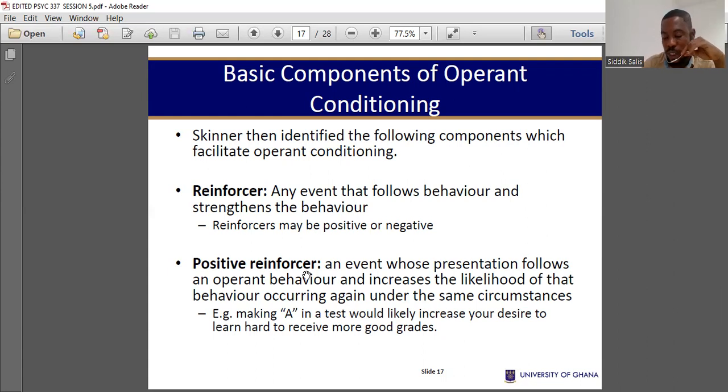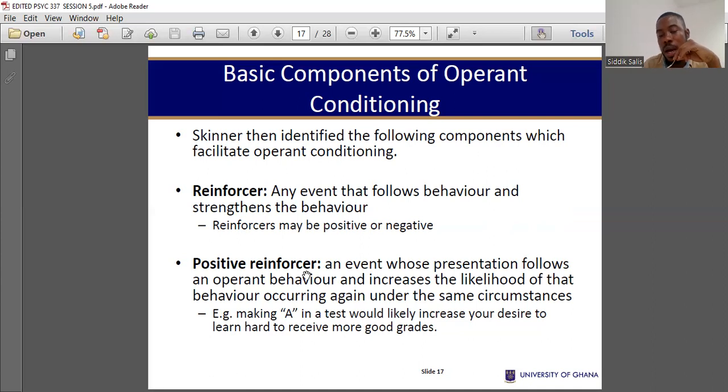So reinforcers are to strengthen desired behaviors.